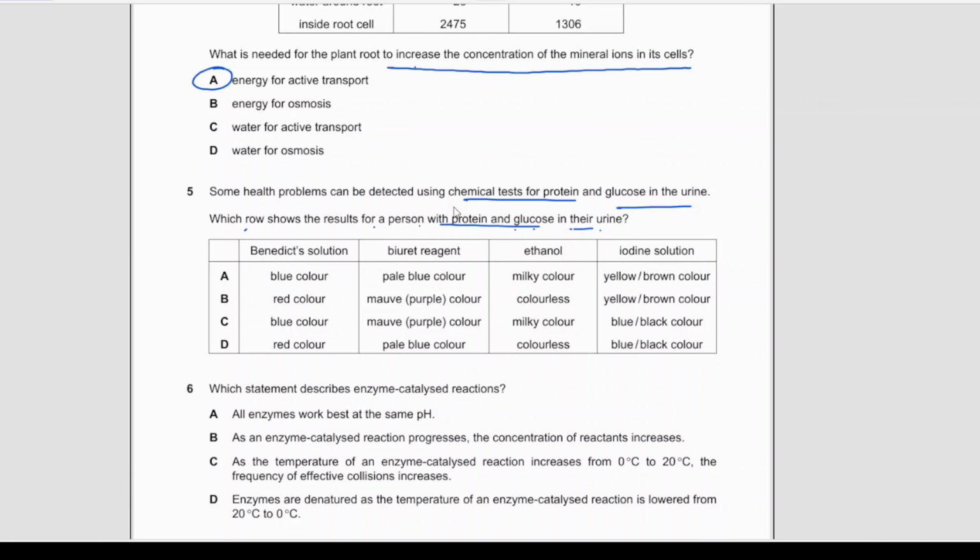For glucose, what do we use? For glucose, we use Benedict solution. It's a reducing sugar. No, Benedict solution.